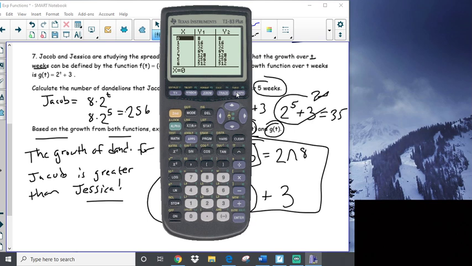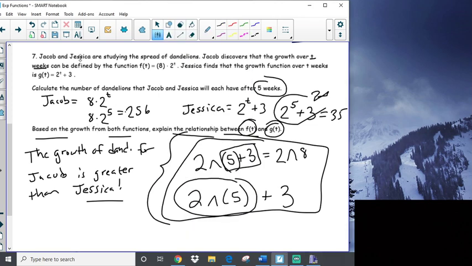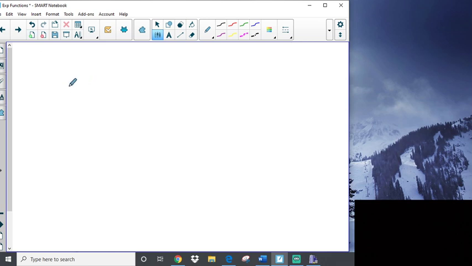The numbers are exactly the same, okay? Those numbers are exactly the same. Now let me show you how they would write it in a question. 2 to the x plus 3.